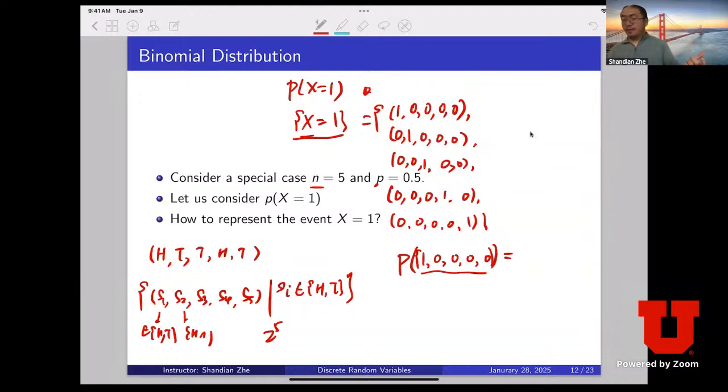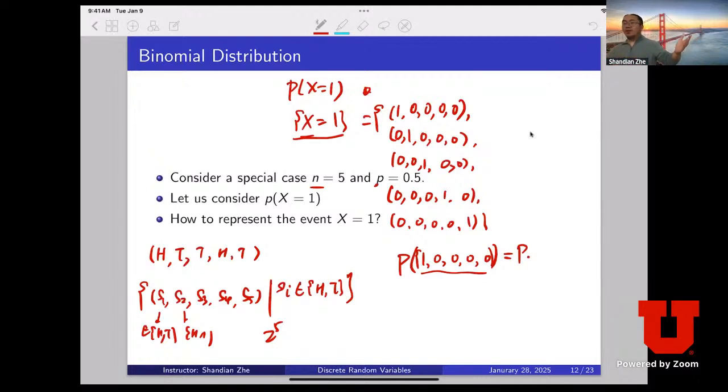And then what about the probability you see all 4 tails? Yes, exactly. Remember, you toss a coin independently.